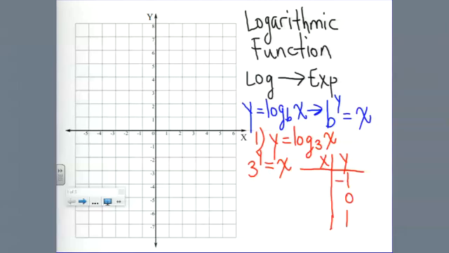Now, when we plug -1 in place of y, that would be 3 to the -1 power, or just 1/3, which is 0.3 repeating. So when x is 0.33, which is a little bit greater than 0, this will be kind of right here almost.